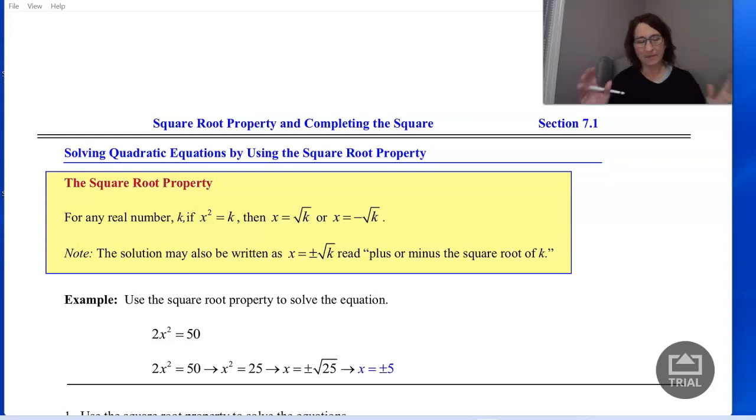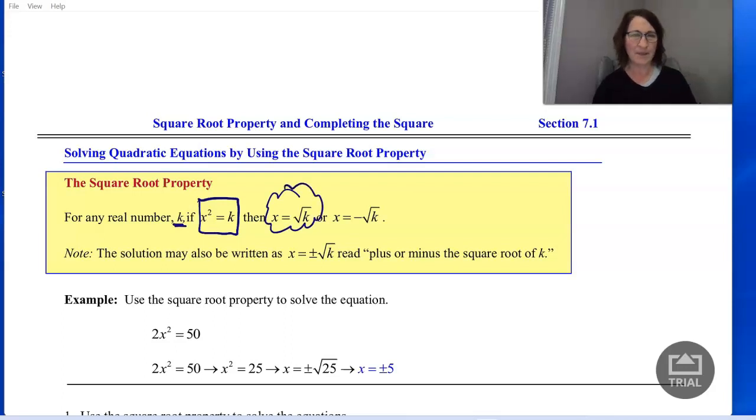What this is saying is if you have a real number, k, and if we're told that x squared is equal to k, then we know that plain old x is equal to the square root of k, but it's also equal to the negative square root of k.